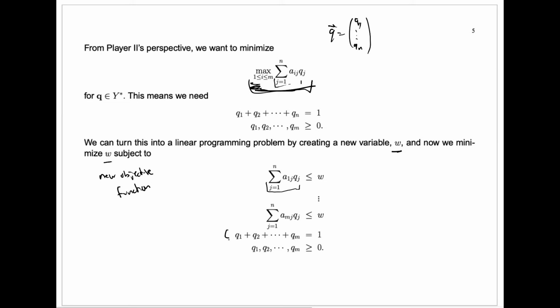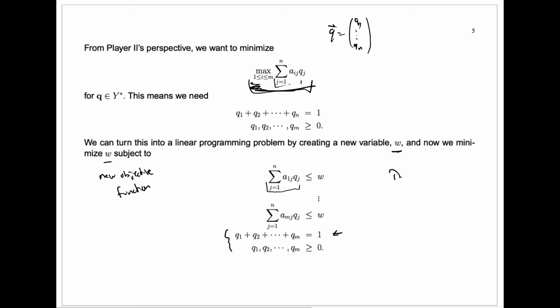And again, we put in these two other equations, just saying q is a valid probability vector, and just like before, it's okay to have this equality here because you could replace that with two inequalities. So player 2 needs to find the minimum w subject to all of these constraints. And what will player 2 have done then?